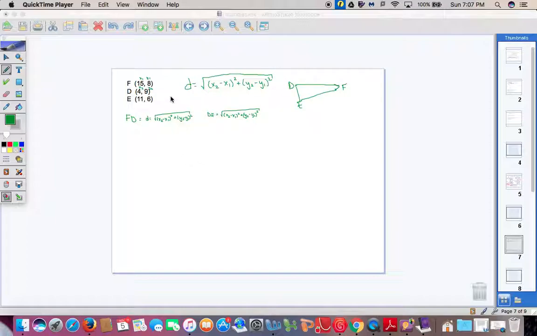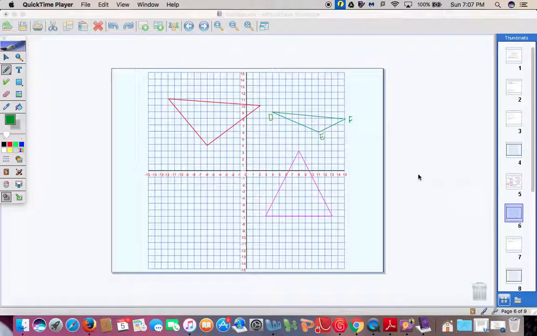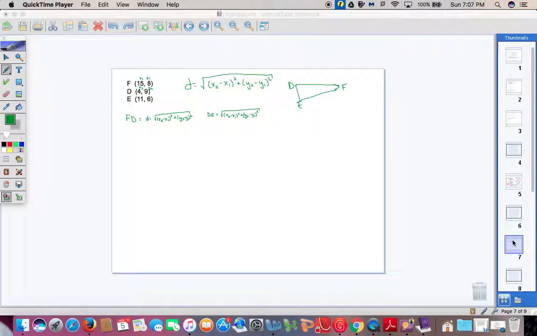So my first step would be to write down the vertices, and if I look back at this, I can see that the vertices for point D is at 4, 9, E is 11, 6, and F is 15, 8. Okay, so I went ahead and wrote those down here. And now we're just going to find the distance between each of these sides.